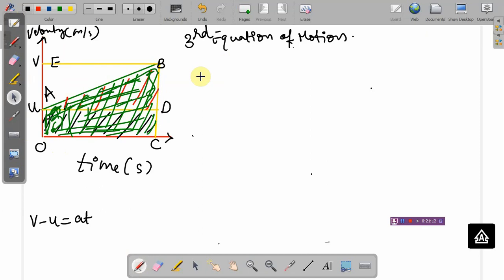I know that the distance traveled by the object in time t will be given by the area enclosed within the trapezium, or the area under the graph will give me the distance traveled. So here I am using this method, distance traveled by the object.